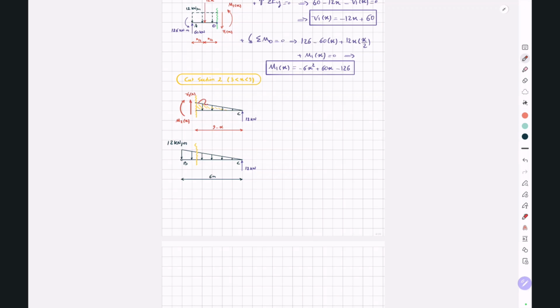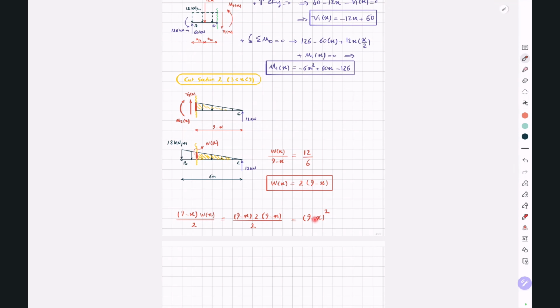So the area under this triangle, or the magnitude of our single resultant force, will be 9 minus x multiplied by wx divided by 2, or 9 minus x multiplied by 2 multiplied by 9 minus x divided by 2, or 9 minus x to the power of 2.